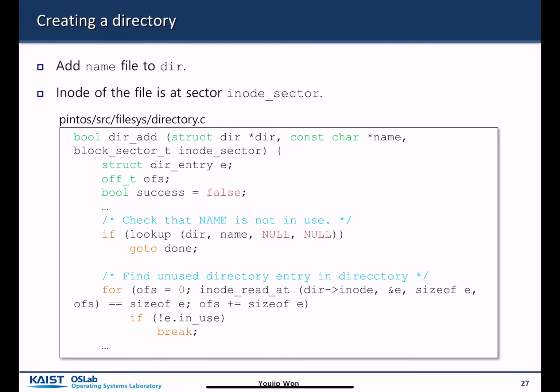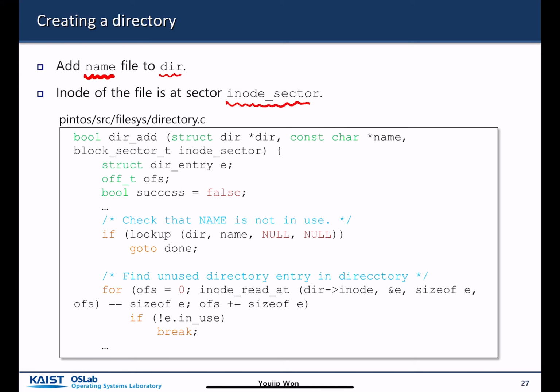The next function is how we create a directory entry. A few slides before, we looked at the function that creates a file. Now we are looking at the function that adds a file to a directory. What we would like to do is add a named file to the directory, and the inode of the file that needs to be inserted is at the inode sector parameter.